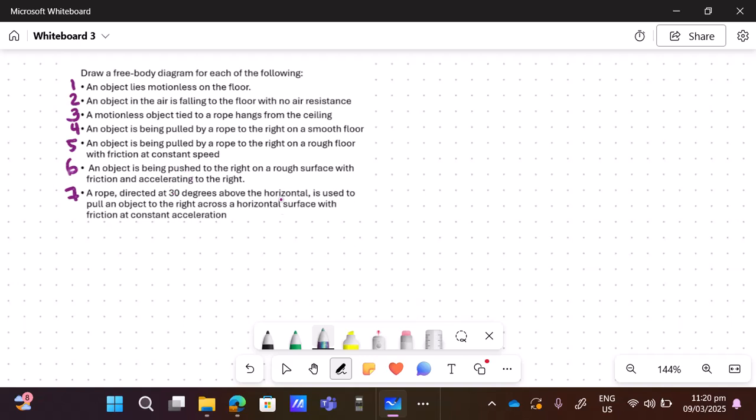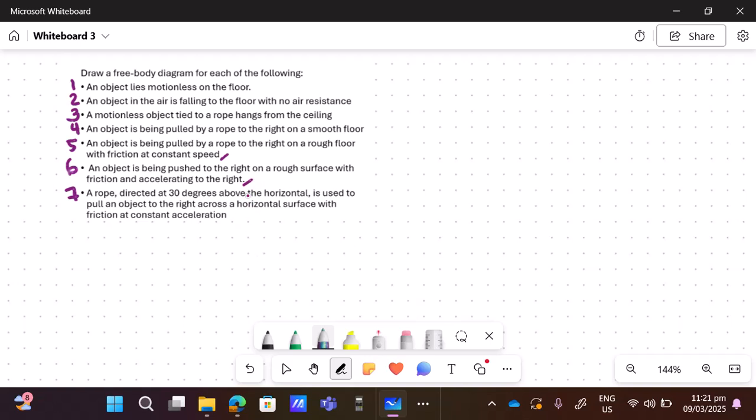Now how do we distinguish the forces involved in 5 and 6? Actually it's similar, except in terms of the magnitude we take note of. Here in number 5, the object moves at constant speed. Meanwhile, in number 6, the object is accelerating to the right, meaning velocity changes.